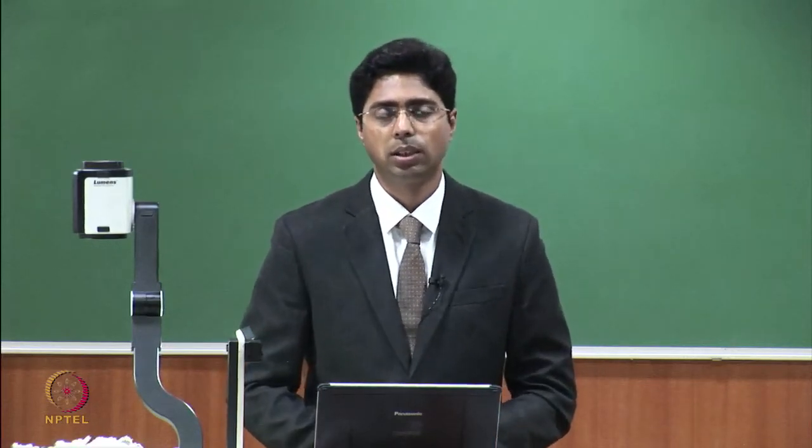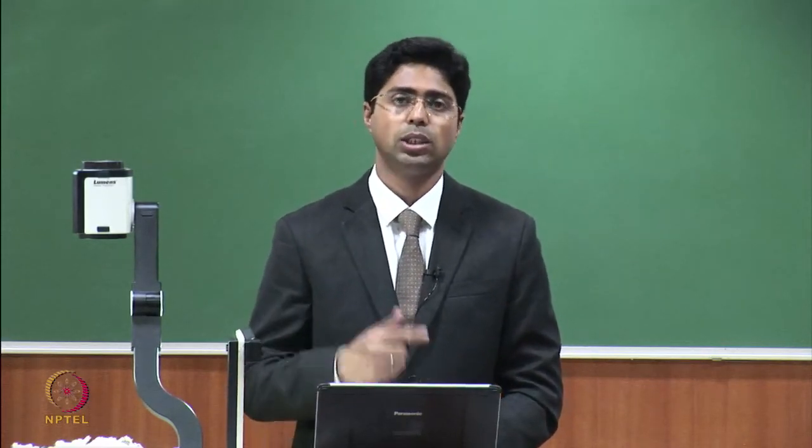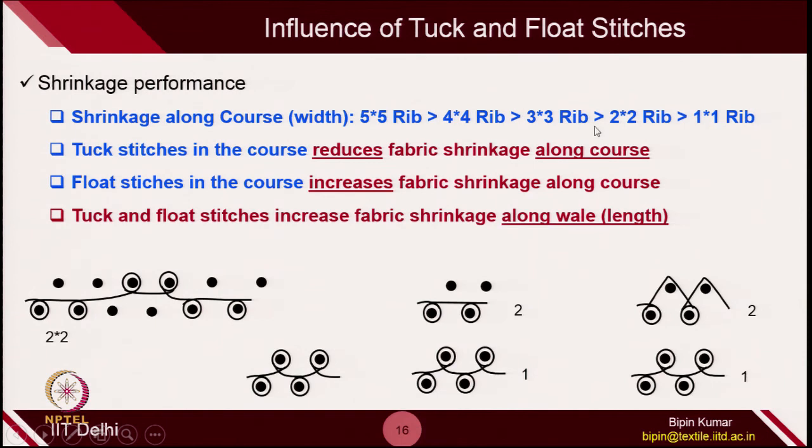In reality, once a particular machine is making certain dimensions of fabric in V-bed, that machine is left unchanged unless a new design has to be created. So, either the float will remain the same or the tuck sequence will remain the same, because the moment you change any of the sequence, the fabric dimensions will be different. So, in reality this is just the influence.